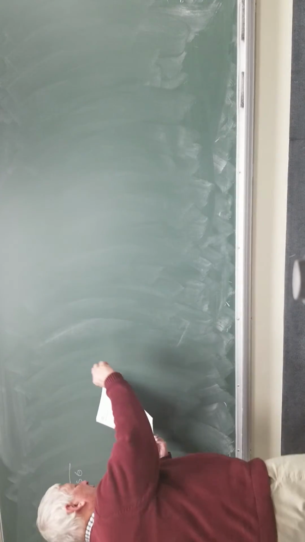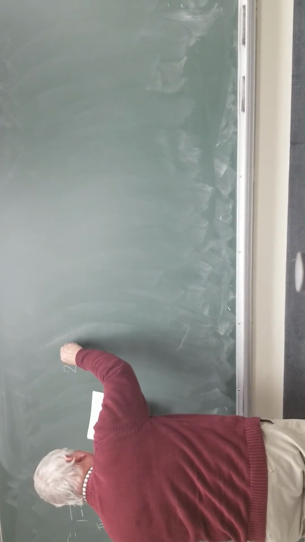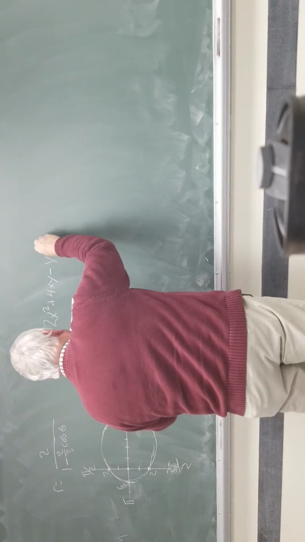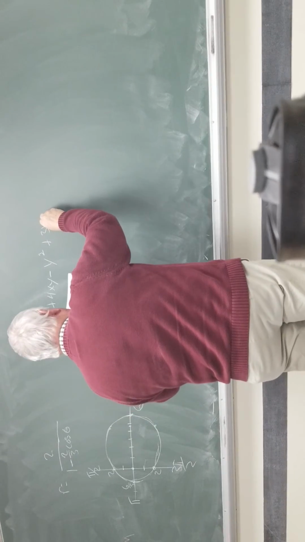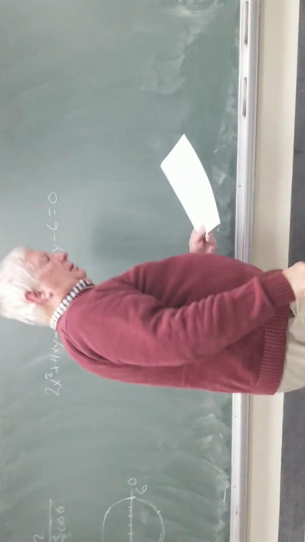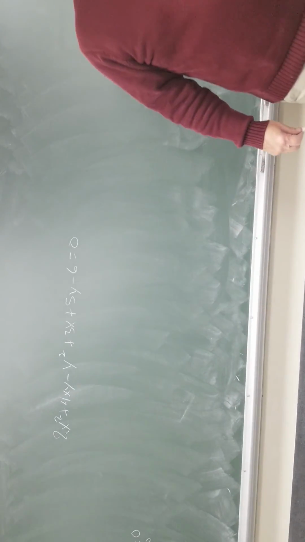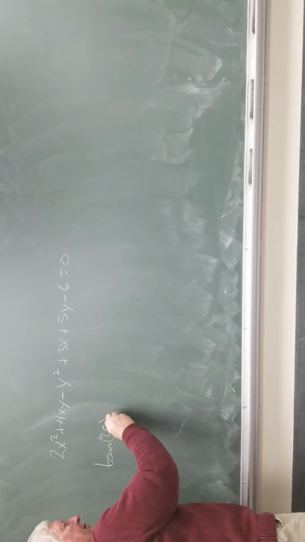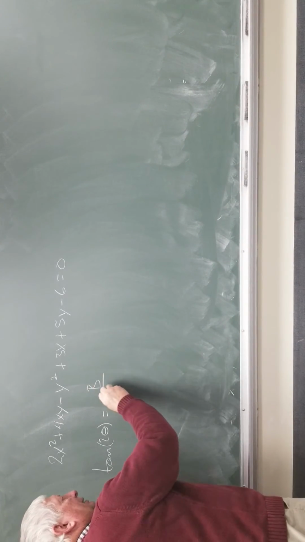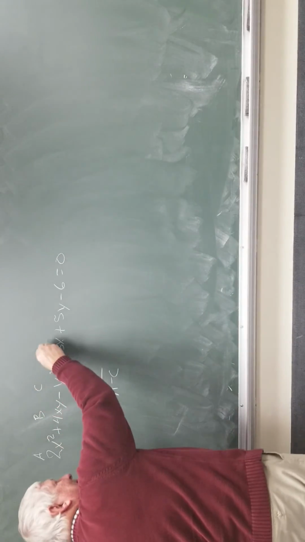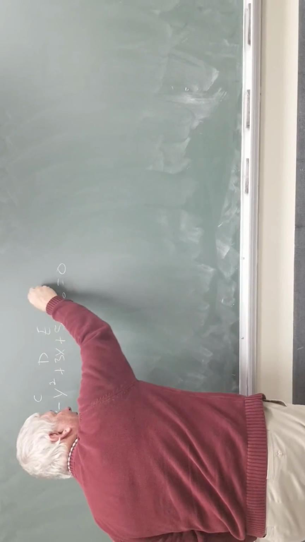Okay, so we have the general conic, 2x squared plus 4xy minus y squared plus 3x plus 5y minus 6 equals zero. So the critical factor that we're looking for is we want to find the tangent of twice theta, which is b over a minus c, where the coefficients are a, b, c, d, e, and f.